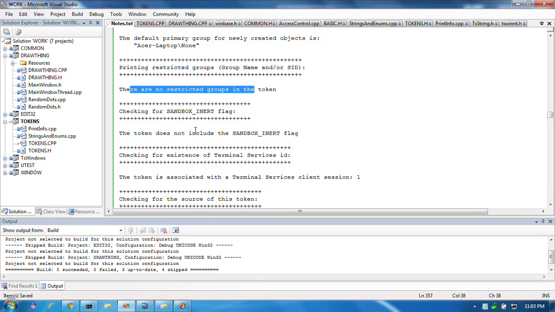No restricted groups. Now you see this restricted groups thing. I thought that those things in my token would be something that would restrict me from doing something. But I don't think that's what it's used for. I think what it's used for is creating what they call a restricted token from a token.